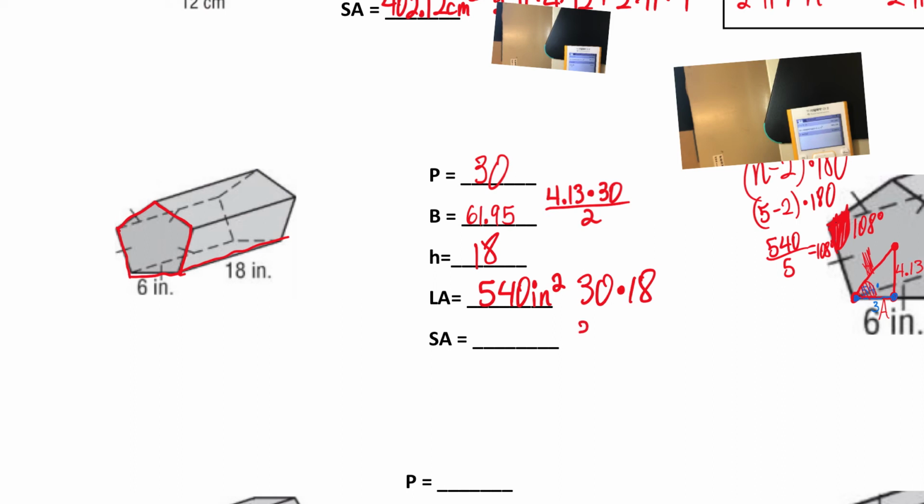Then for total, P times H plus 2 times B. What does that give you? 663.9 square inches.